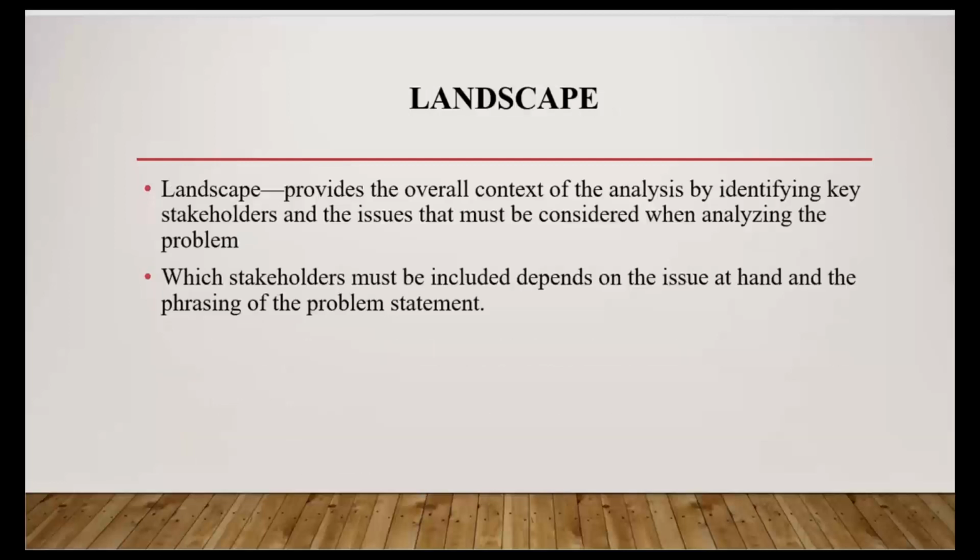The third section is your landscape section. This provides the overall context of the analysis by identifying key stakeholders and the issues that must be considered when analyzing the problem. It also includes which stakeholders must be included, which depends on the issue at hand and the phrasing of the problem statement.